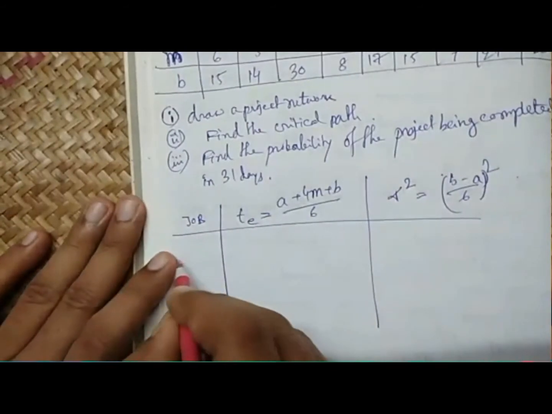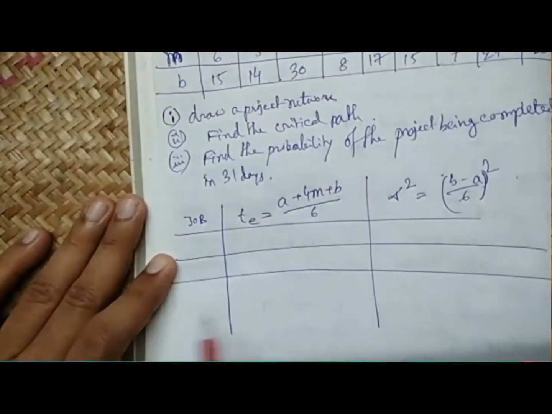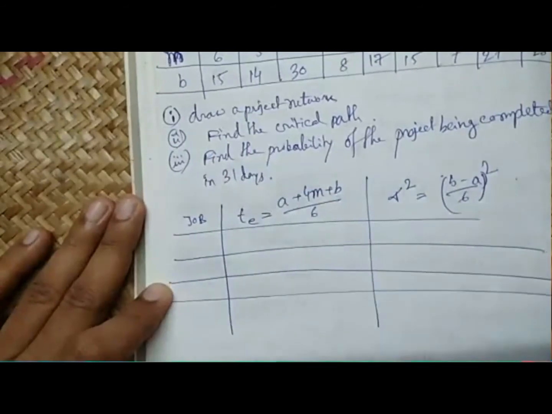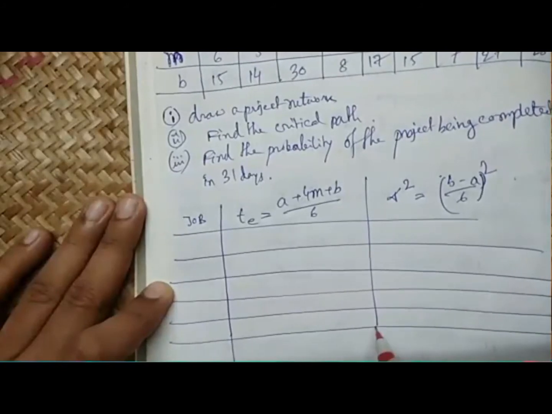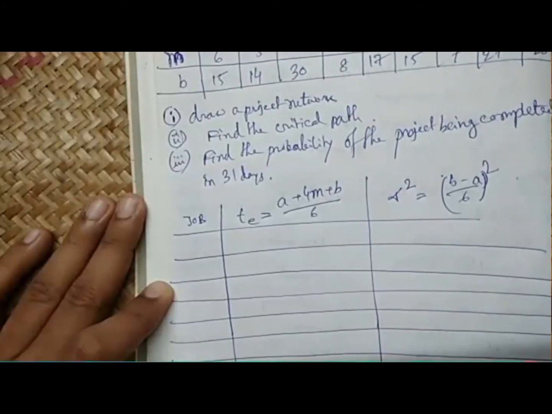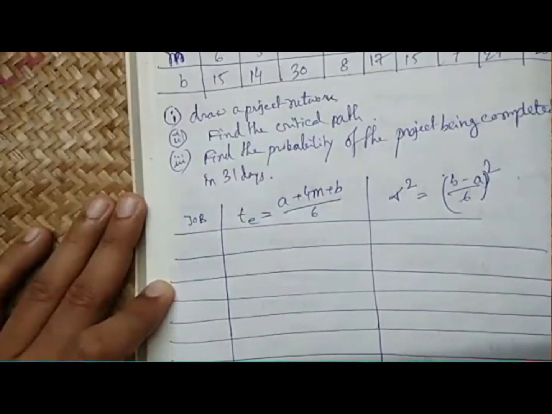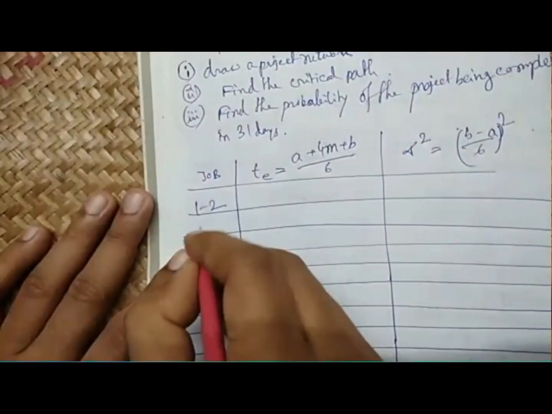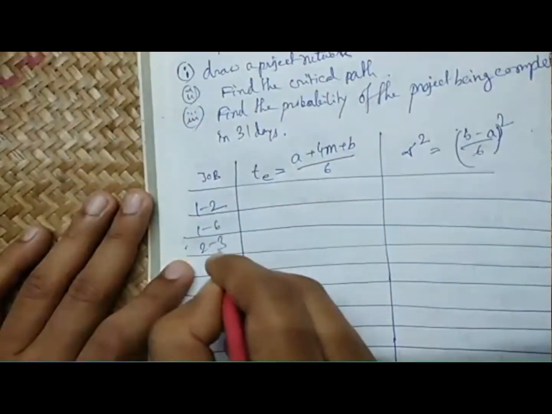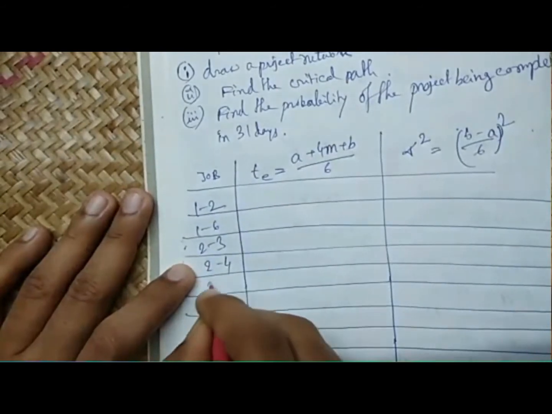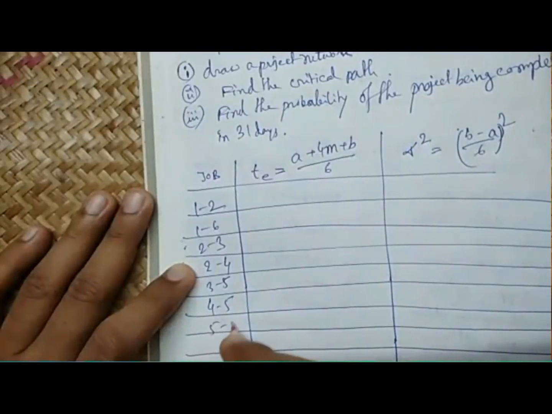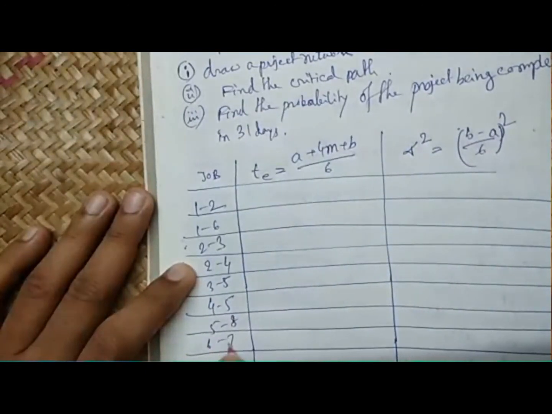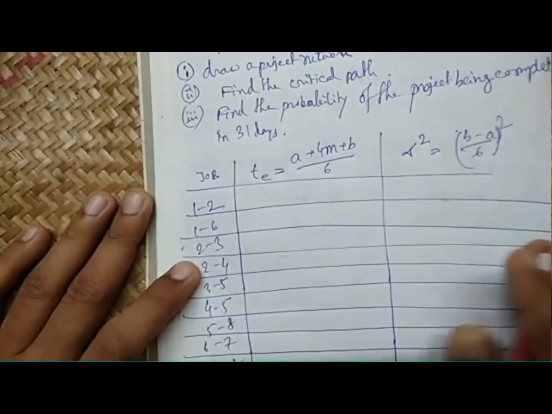Now, there are 9 jobs: 1 2 3 4 5 6 7 8 and 9. Let us identify the jobs: 1-2, 1-6, 2-3, 2-4, 3-5, 4-5, 5-8, 6-7, 7-8.